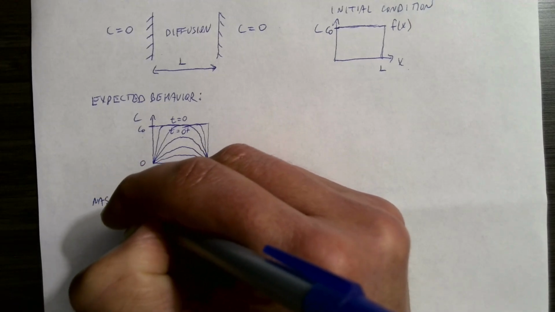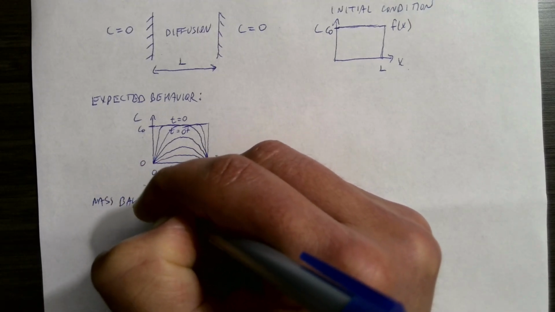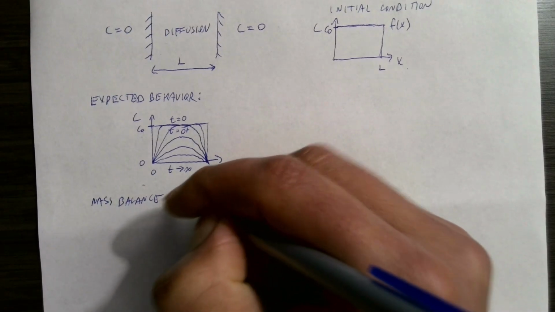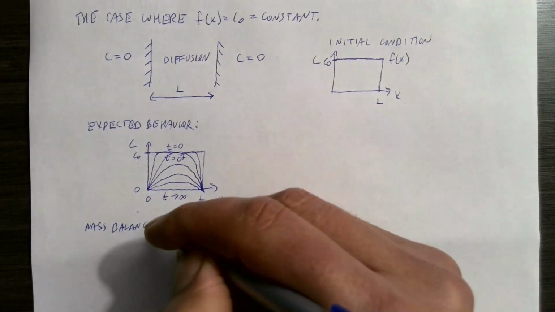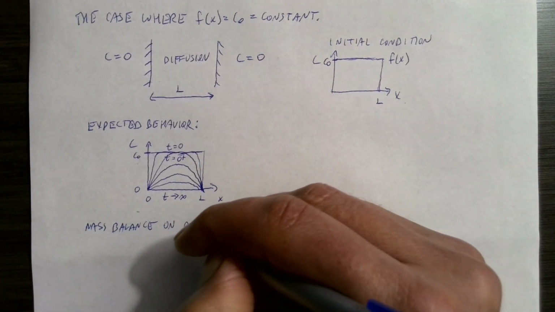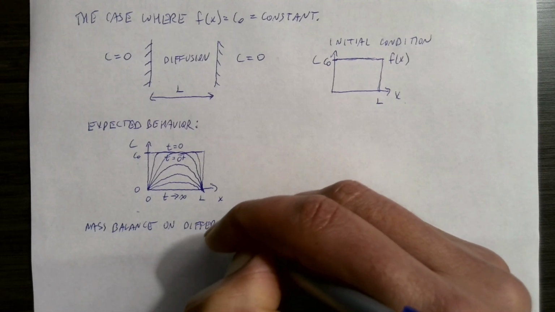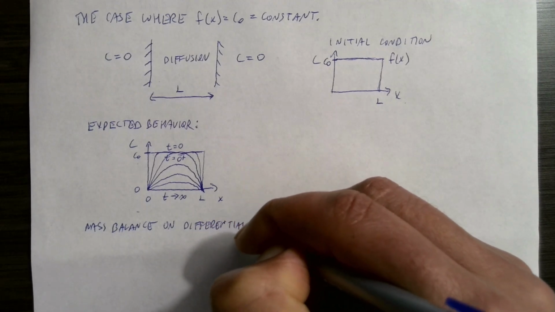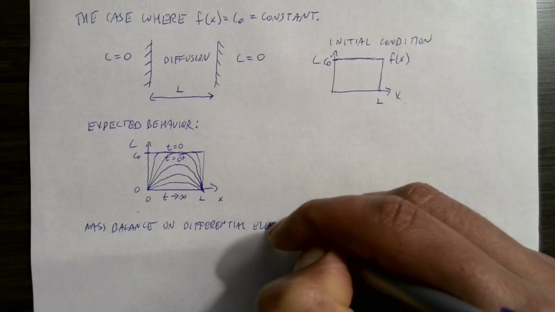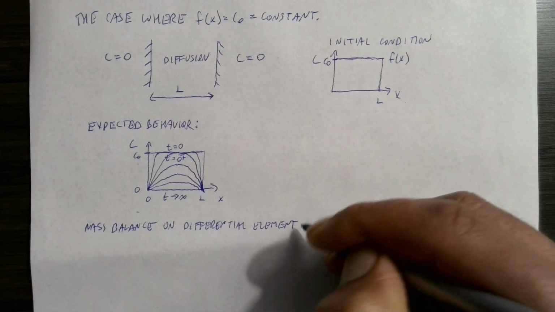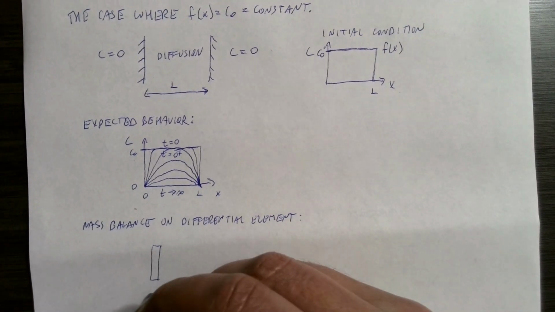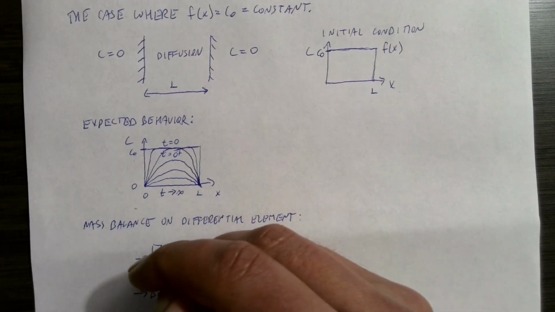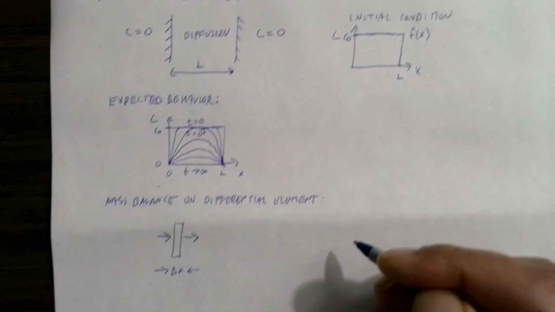Okay, so if we do a mass balance on a differential element, if we were to look at like a little bitty piece here, then it's going to have some thickness delta x, and it's at some arbitrary point.